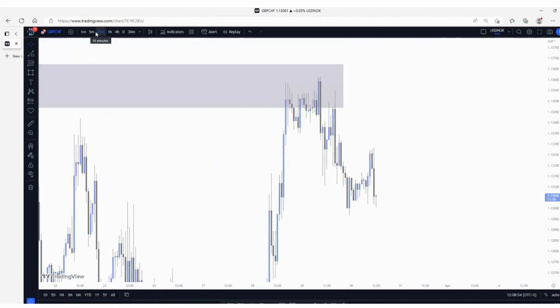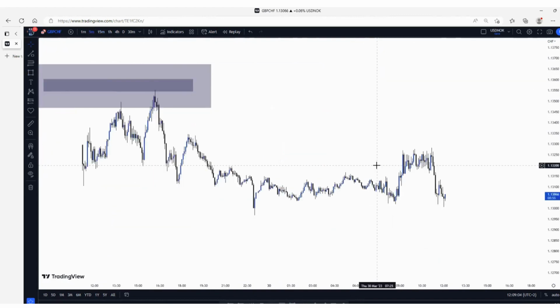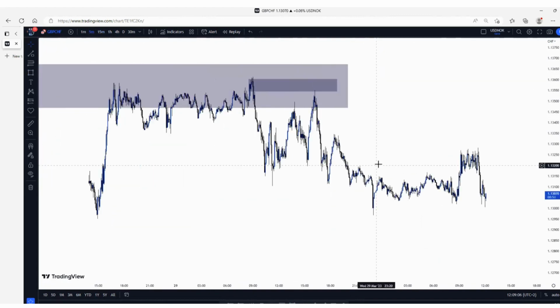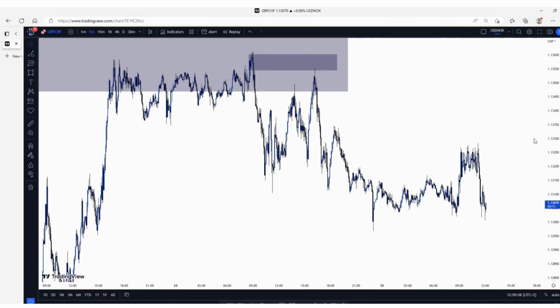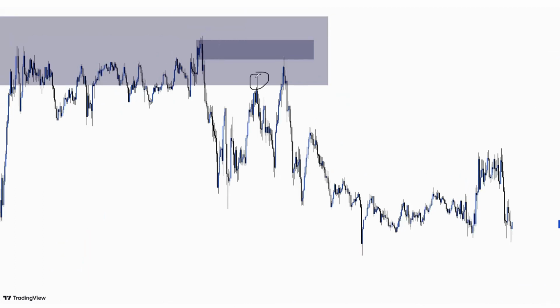15. I had an entry somewhere here. Okay, so if you look at this one here, there's this one, right? If you look at again the price, the price just came up just above this point here, right?